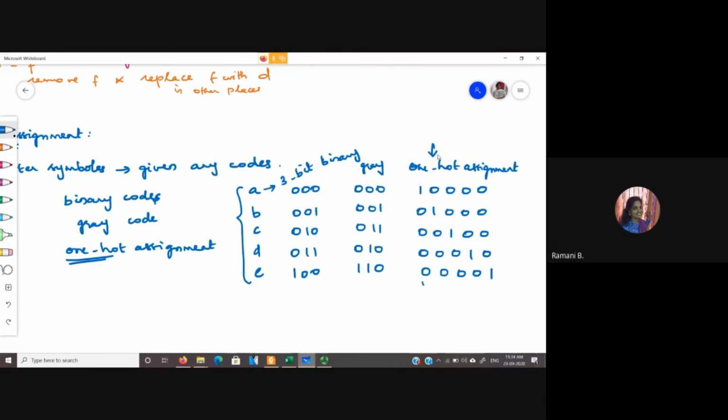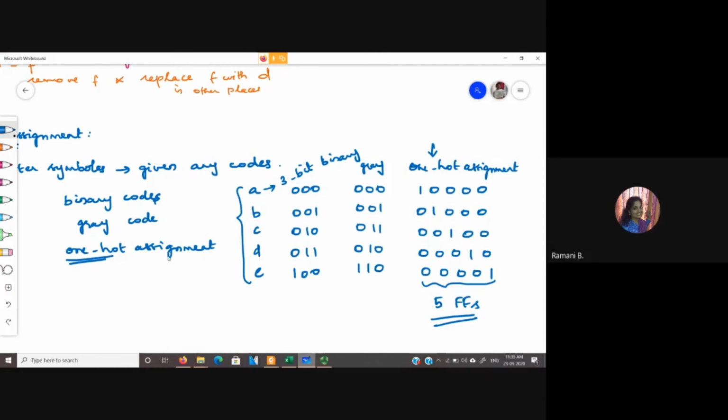So with this one-hot assignment, actually what happens is you will be needing 5 flip-flops, as each of the bits will be considered as the state of the corresponding flip-flop. That is what state assignment is.